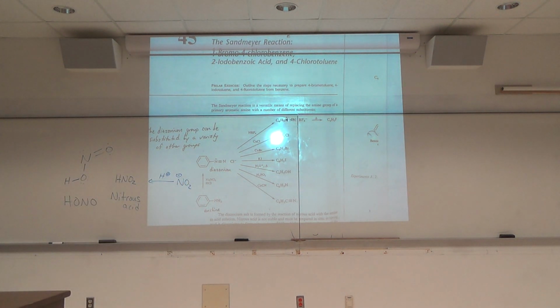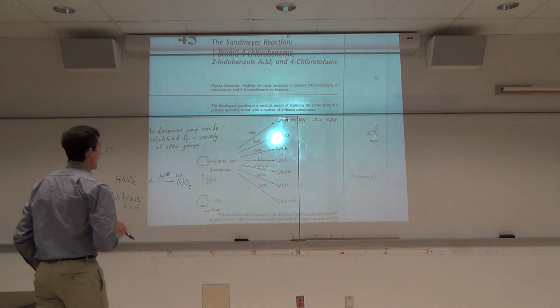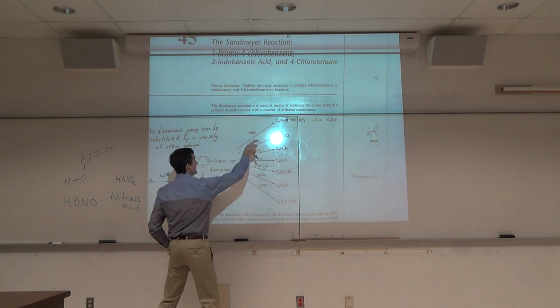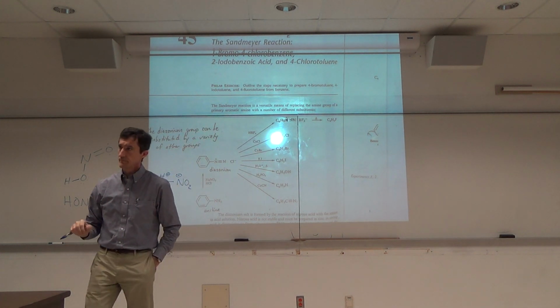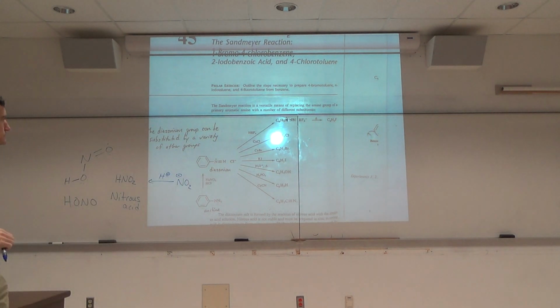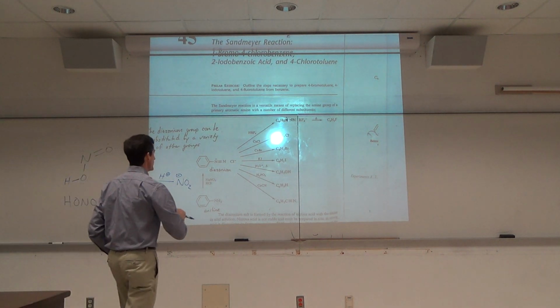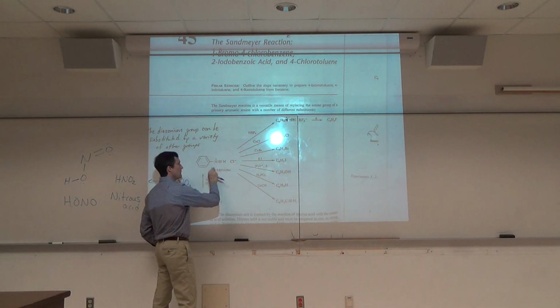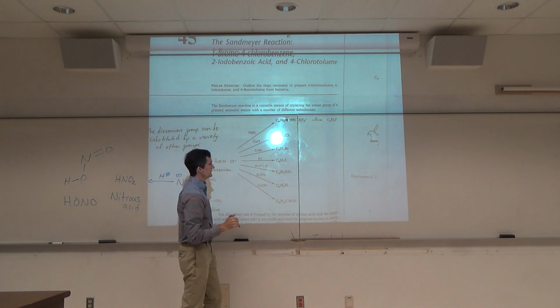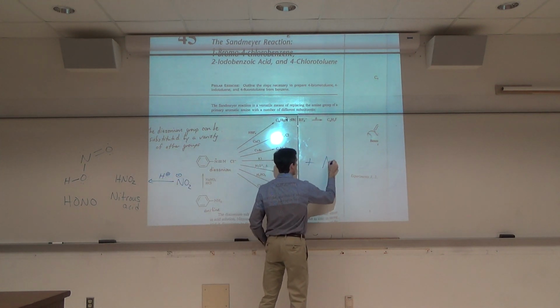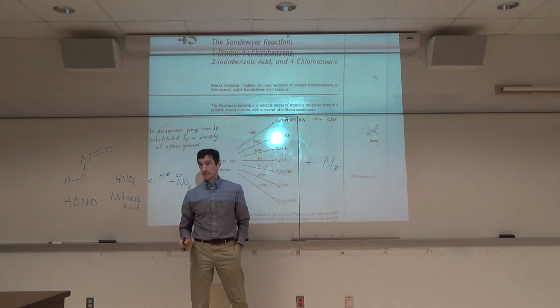We're not going to look at most of these mechanisms. And usually when you use the copper, that's what Sandmeyer was known for. Now when we replace the two nitrogens with something, what do we produce with the two nitrogens? Nitrogen gas. Yes, we produce nitrogen gas.